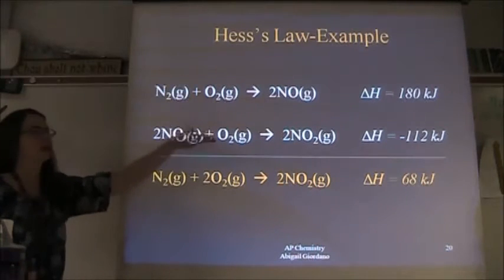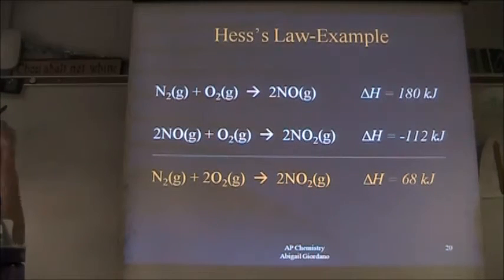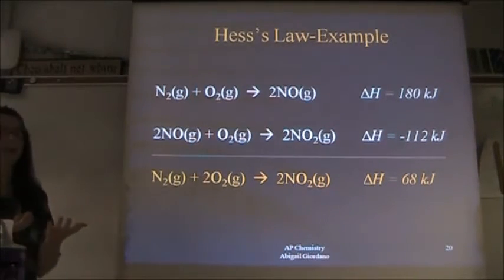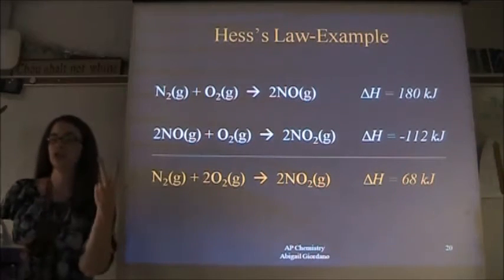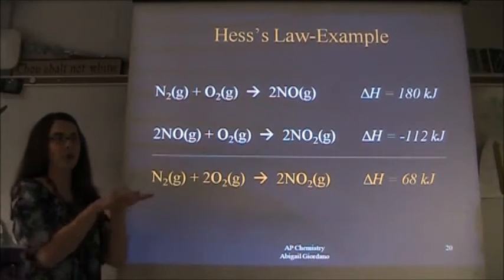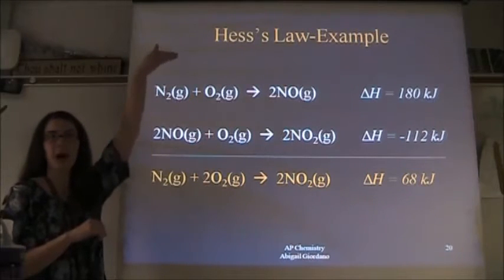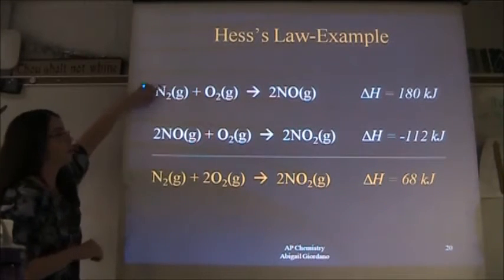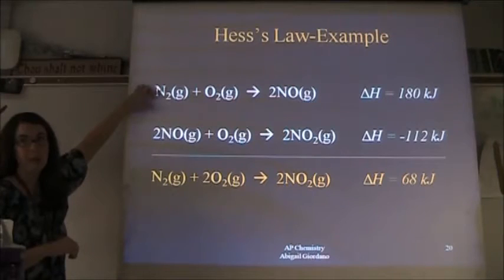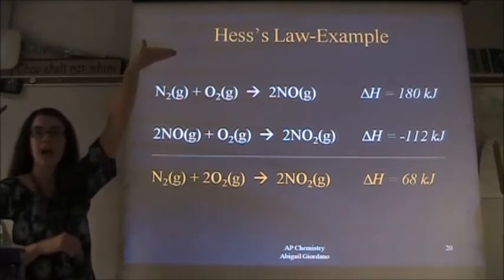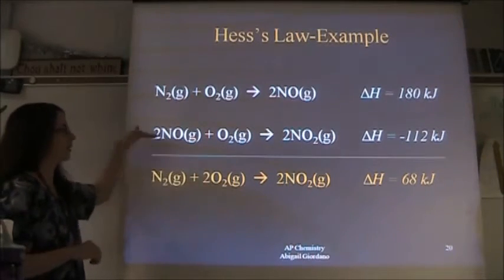Remember on the graph on the previous slide, that whole reaction took place in 2 steps. We went from our original reactants up to the top of the hill. That would be this elementary step.